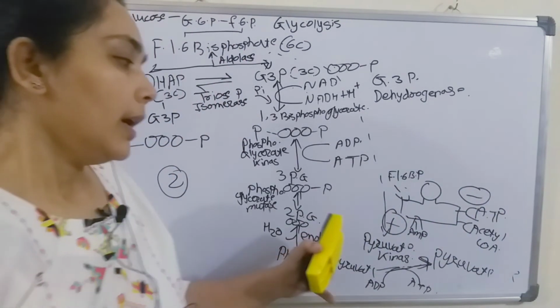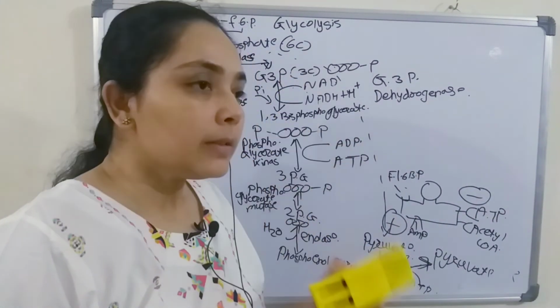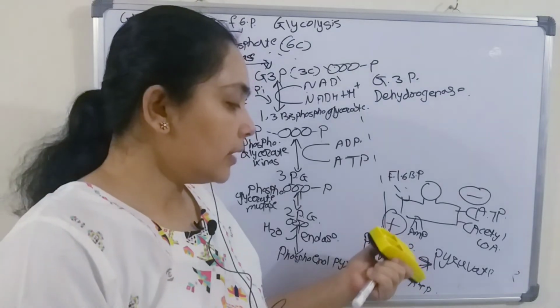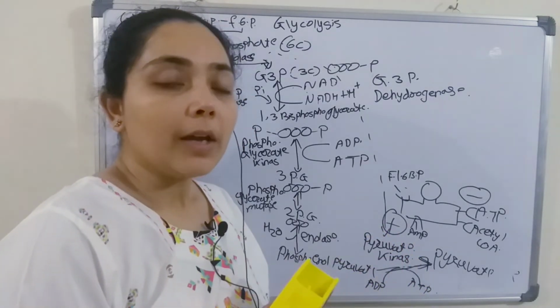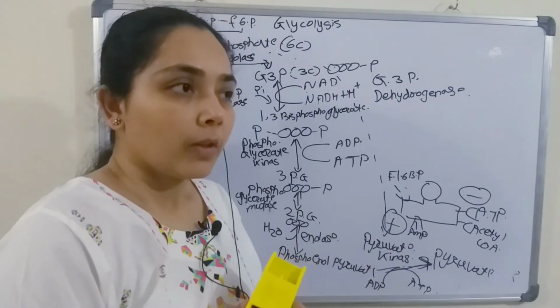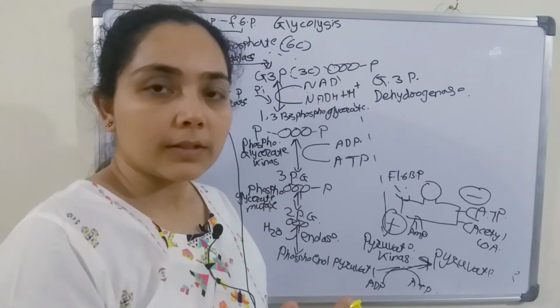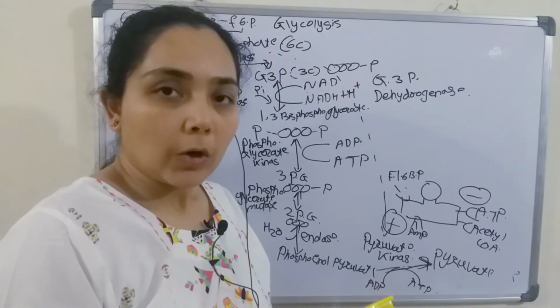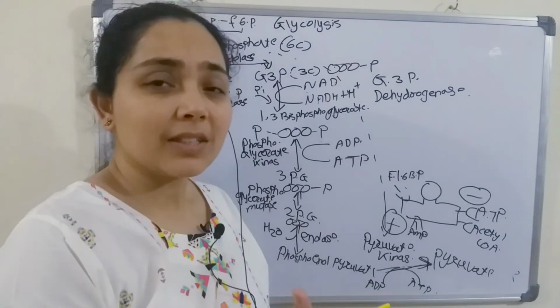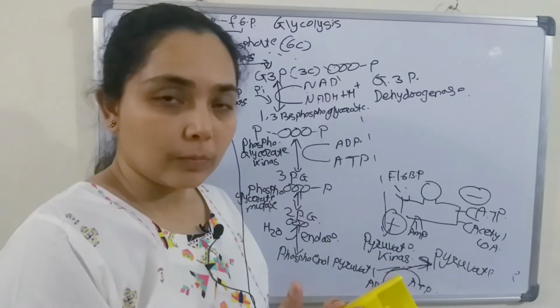Okay, again one more thing we had discussed: these enzymes can be regulated via hormonal regulation. If lots of glucose molecules are present in the cell, the body will generate insulin. So insulin is the signal that lots of glucose molecules are there.